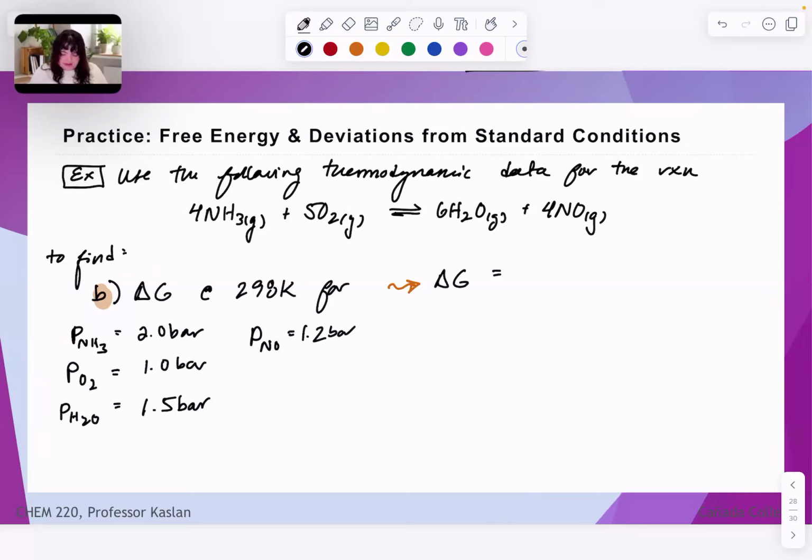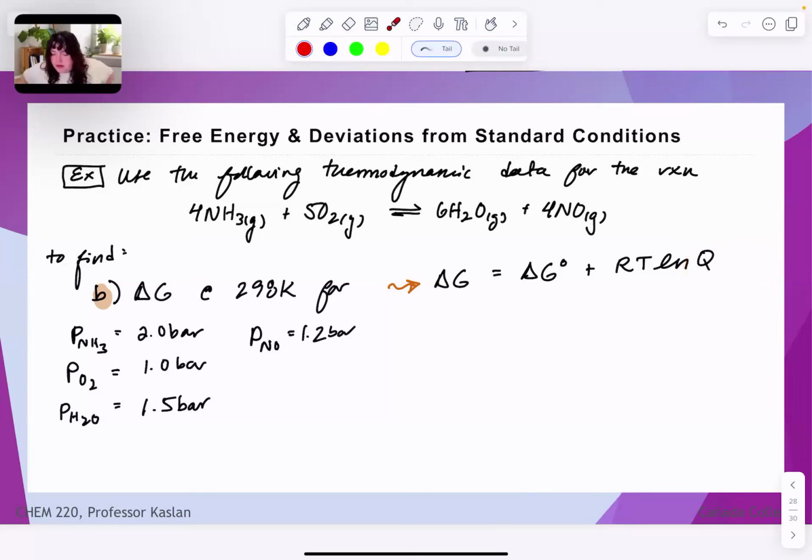So remember, this is equal to a correction to the standard Gibbs free energy plus a term that takes into account not the equilibrium constant, the reaction quotient, right?